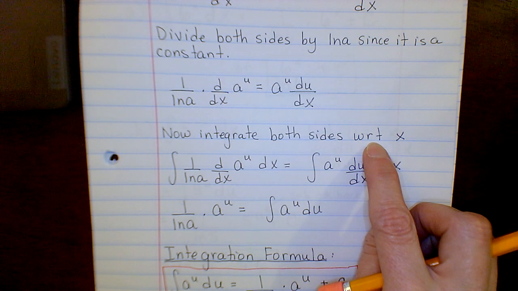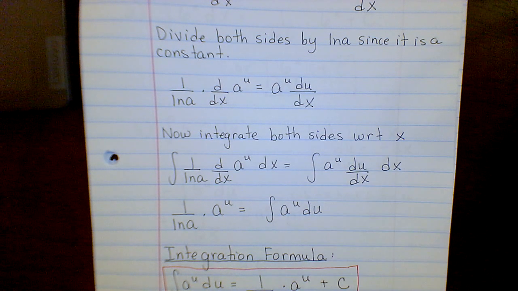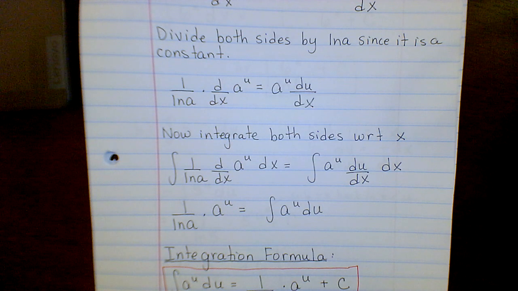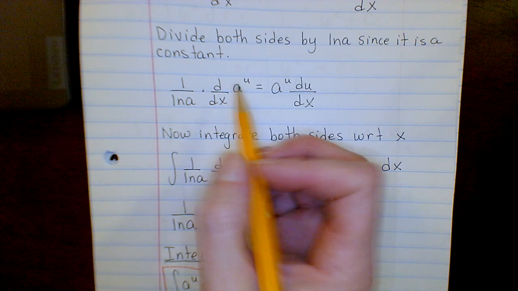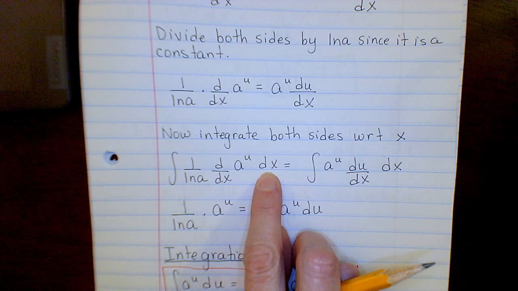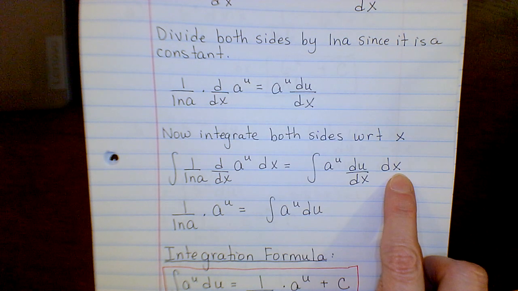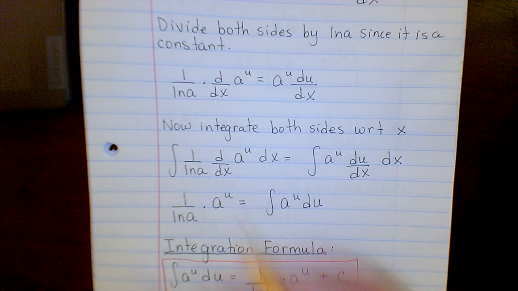I don't know if that's a common thing in Calc 1 or if that's just something I use, that abbreviation I use a ton in Calc 1. So if I integrate both sides with respect to x, so if I integrate all this dx, and then I integrate all this dx, then this cleans up.